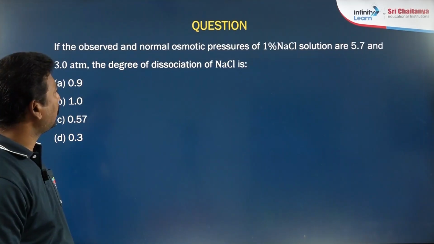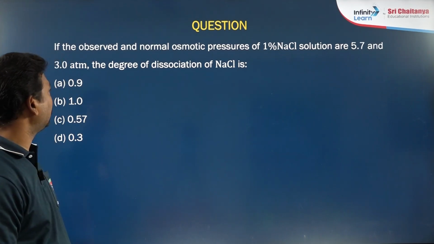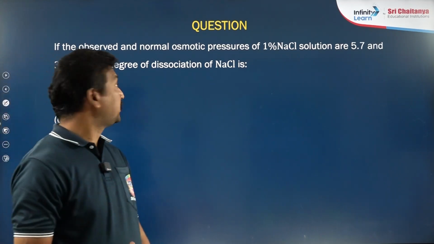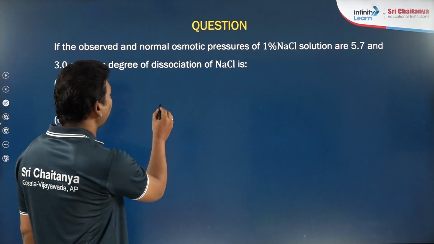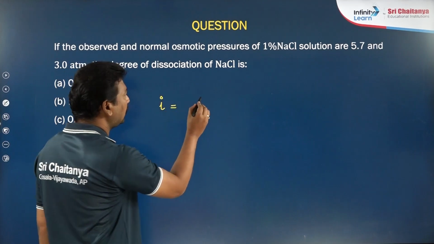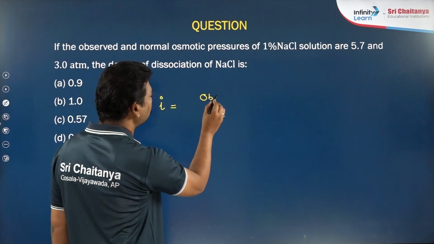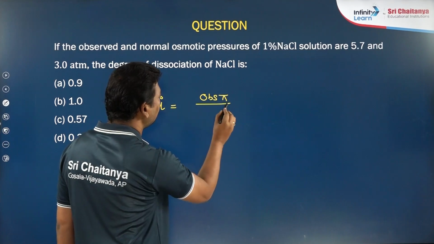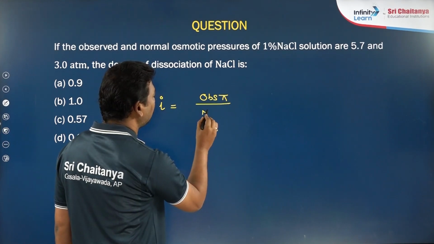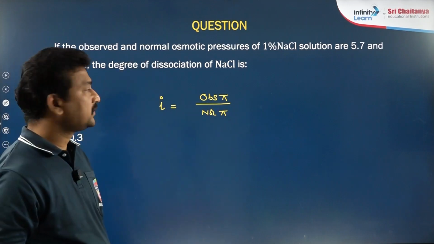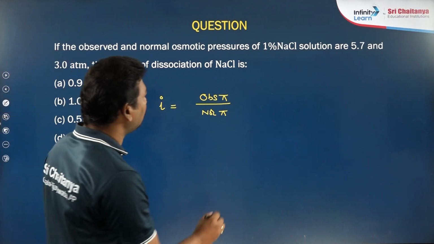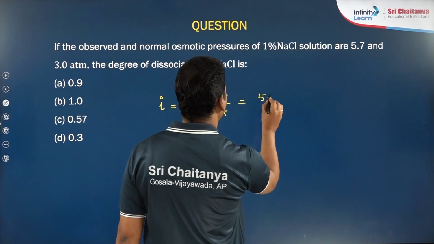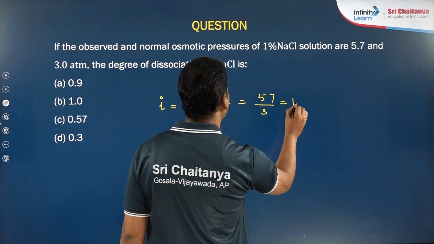Coming to the next question, my dear students. If the observed and normal osmotic pressures of 1% NaCl solution are 5.7 and 3 atmospheres, the degree of dissociation of NaCl is. Observed and normal osmotic pressures are mentioned. How can we calculate the Van't Hoff factor here? The Van't Hoff factor is the ratio of observed colligative property to normal colligative property, that is the ratio of observed osmotic pressure to normal osmotic pressure. 5.7 by 3, which is 1.9.